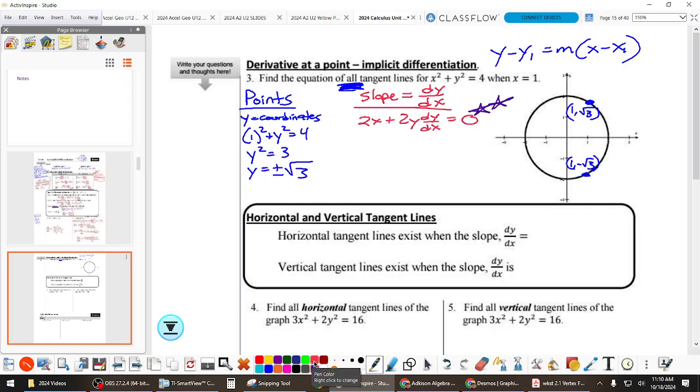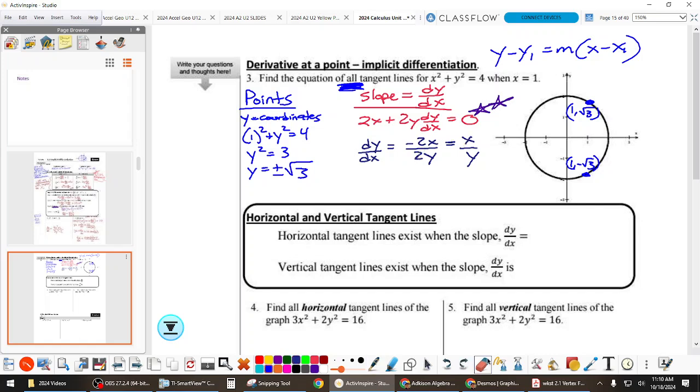And get dy/dx by itself. Shoot, I messed that up. Do you see where? Should have a negative. Good point. Right there, that was positive, because you're dividing by 2y.